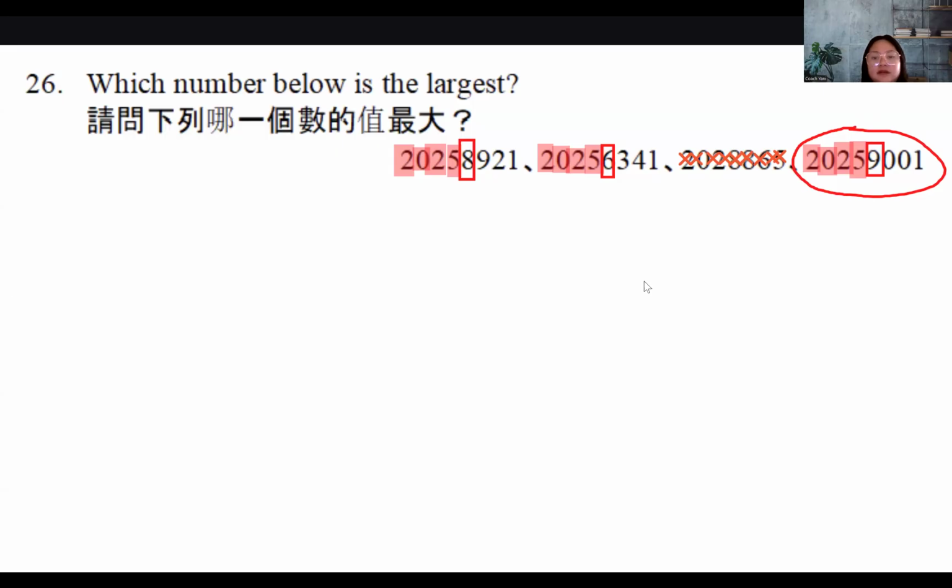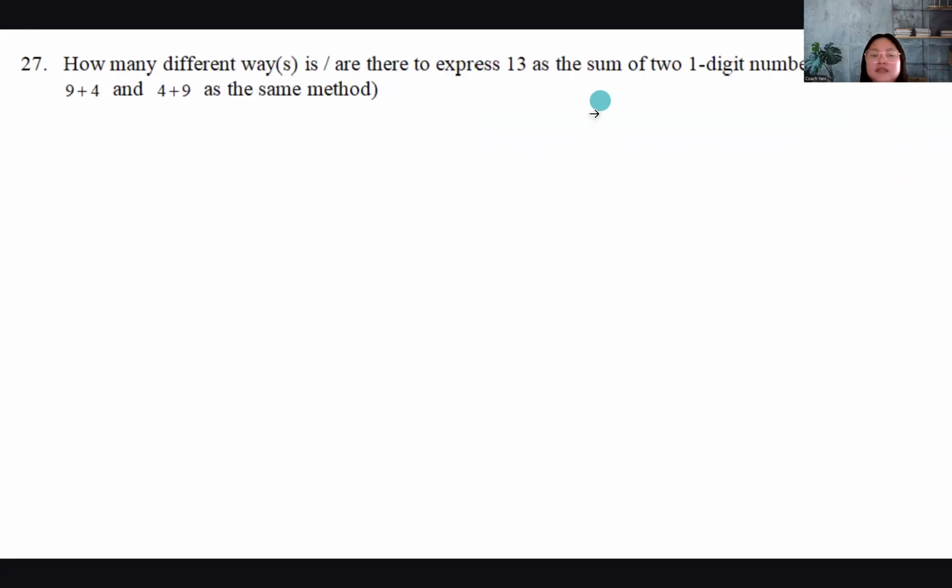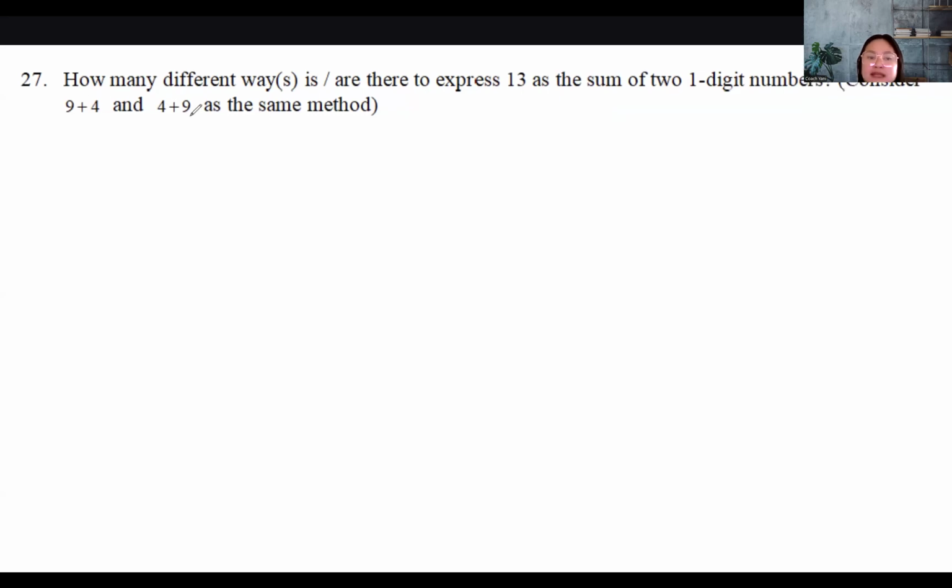Okay. Let's do number 27. How many different ways is or are there to express 13 as the sum of two one-digit numbers? So it says here 9 plus 4 and 4 plus 9 is the same method. So what are we going to do? We're just going to list down all the numbers that could give us 13, starting from 0 and 13.